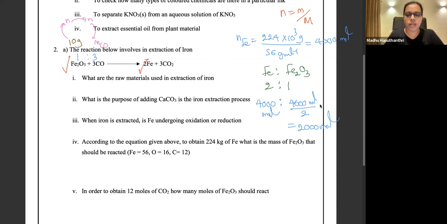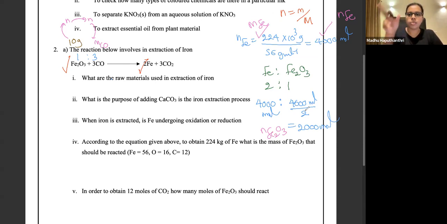Still the question is not finished. So what I did, starting from the mass of Fe, I went to the number of moles of Fe, right? Mass of Fe to number of moles of Fe. Then using that, we came to number of moles of Fe2O3. I said you cannot directly relate the masses.